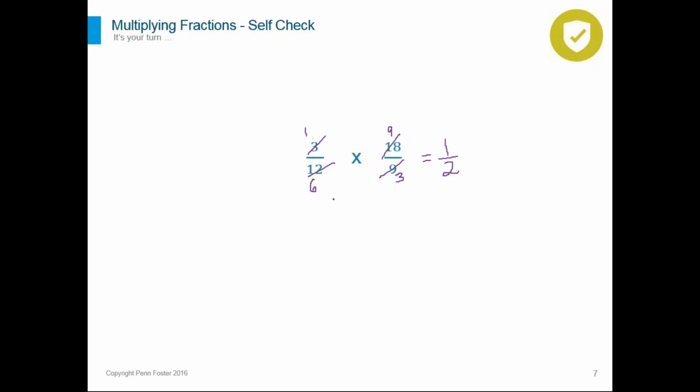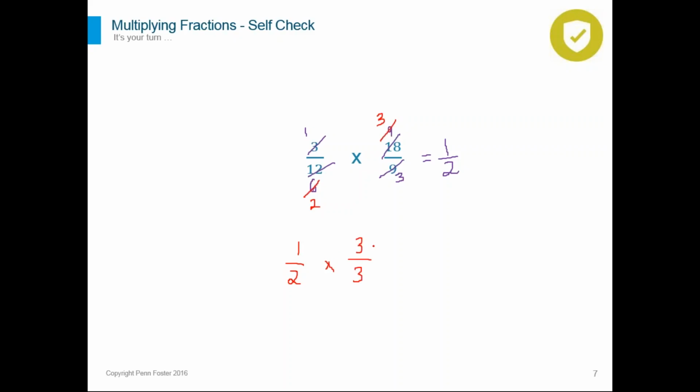I'm not done. I see 9 and 6. That tells me there's another common factor I need to eliminate. 9 and 6 have 3 in common. So divide over 3, that's a 3. Divide over 3, that's a 2. So far, let's rewrite the problem. 1 over 2 times 3 over 3.